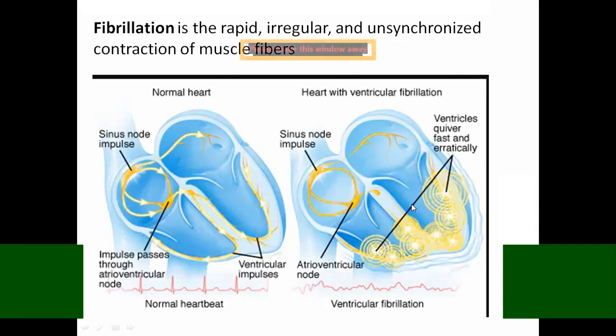So the applied impulses or signals come from the defibrillator, the device used to apply the shock to the patient when a fibrillation situation occurs.